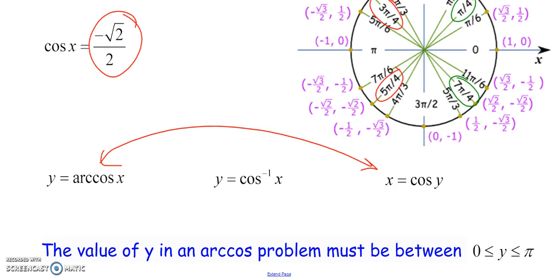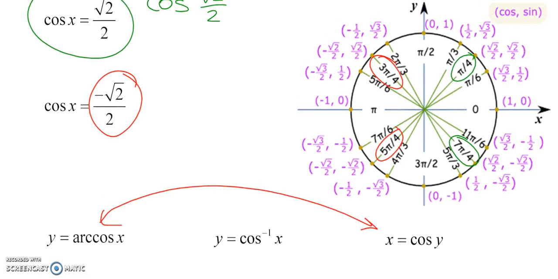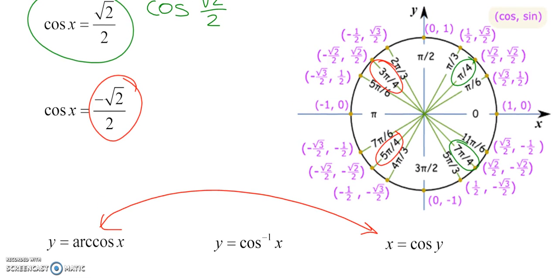When you take the arc cosine of a number, your answer must always be between 0 and pi. Why is that? Well, in the last one, it was negative pi over 2 to positive pi over 2. Now we're looking at cosine, and cosine's values are a little bit different.